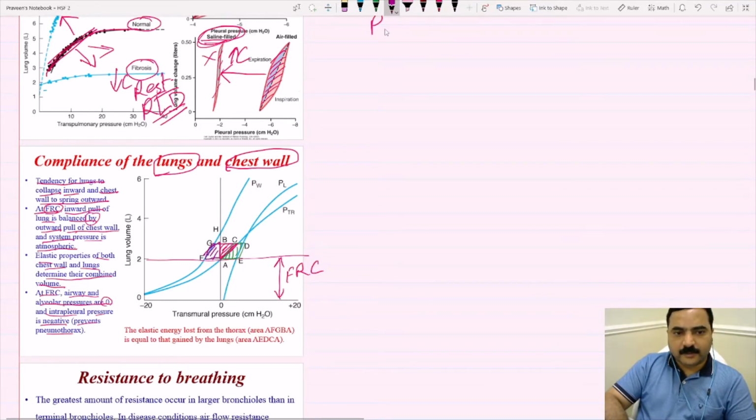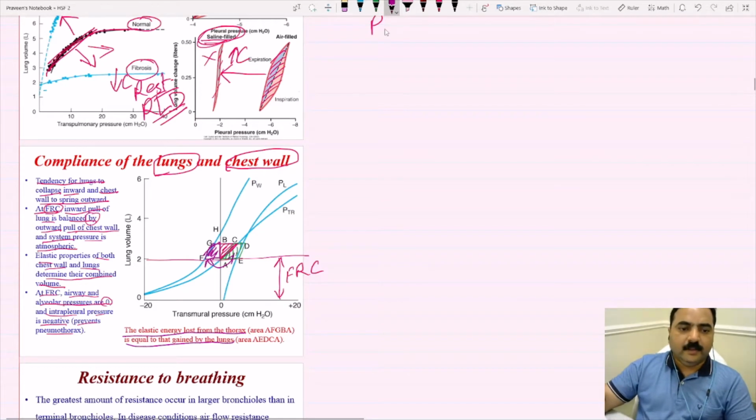So the chest wall is opposing the action of the lung, so they cancel each other. The elastic energy lost from the thorax is equal to that gained by the lung. So this area is equal to this area. It is helping each other, and that is why the lung falls in the middle of it.